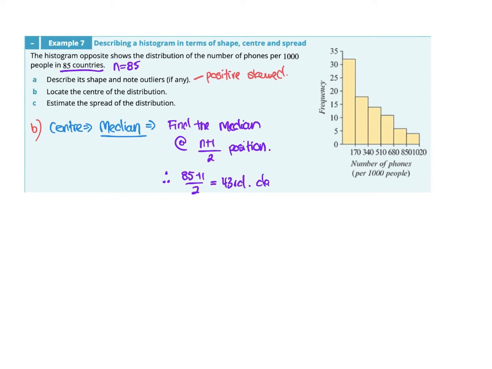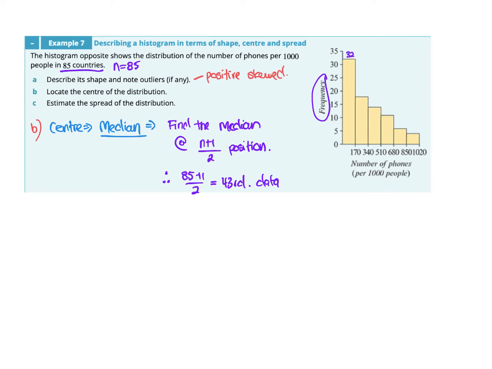Does this make sense? If it was in order from smallest to largest, we'd have to get the 43rd. So you're trying to find where that 43rd one occurred. You count up the frequency until you get to the 43rd one. I'm going to say this one's roughly 32.